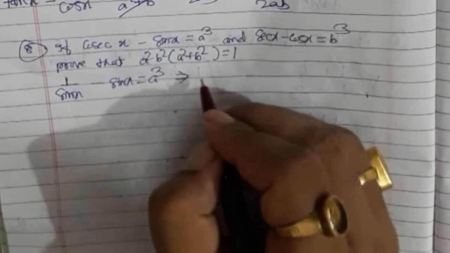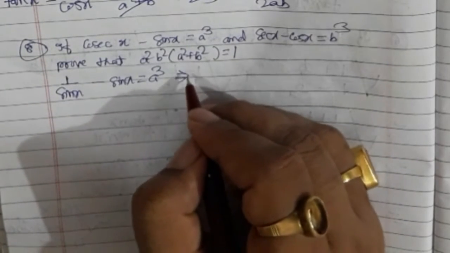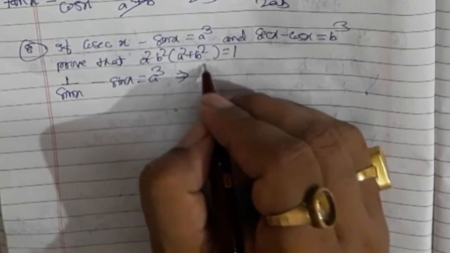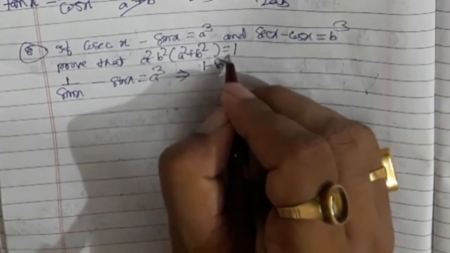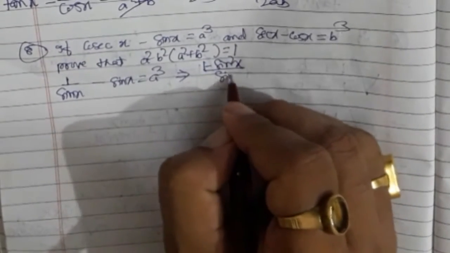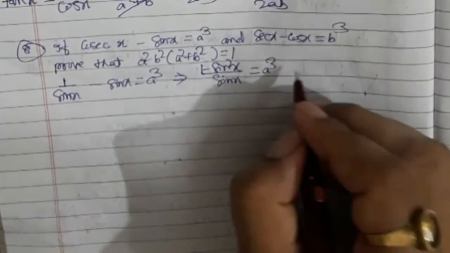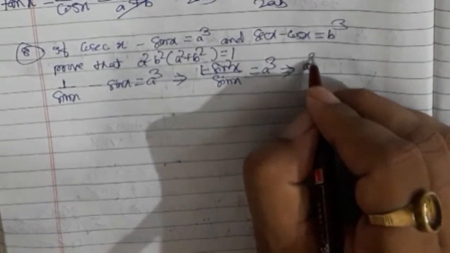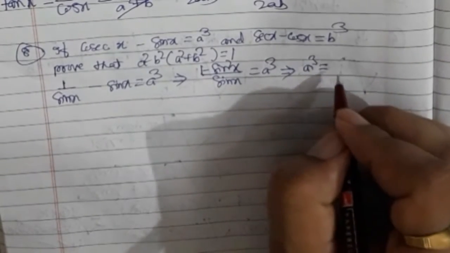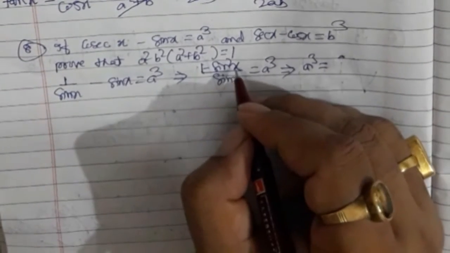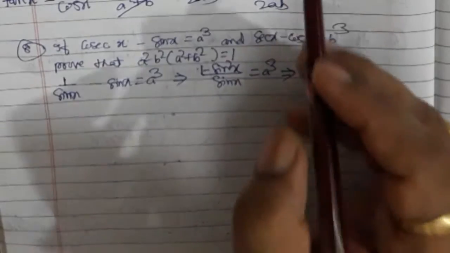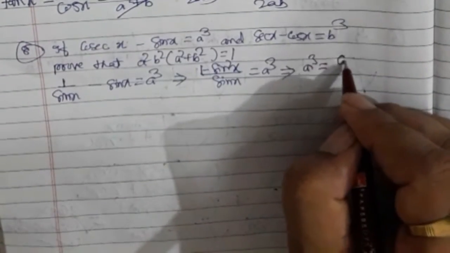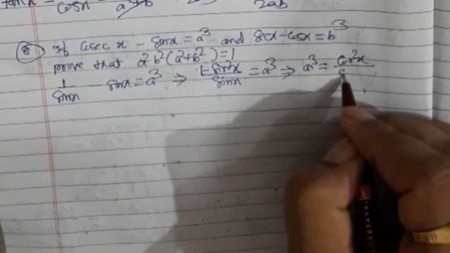We can write this as sin x times (1 minus sin square x) by sin x is equal to a to the power 3, that is a to the power 3 is equal to 1 minus sin square x over sin x. We know that 1 minus sin square x is equal to cos square x, so write there cos square x by sin x.